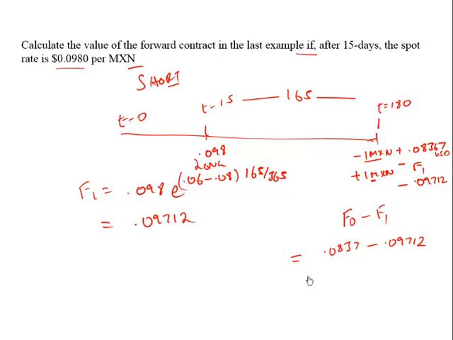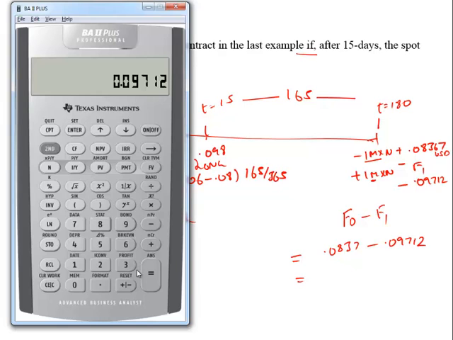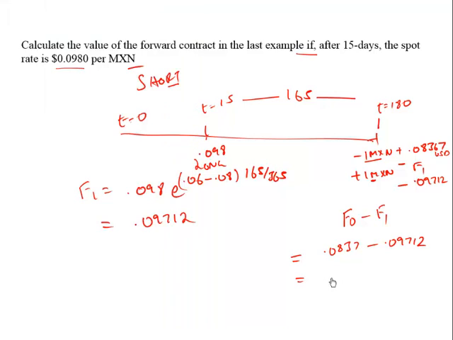That is, he has a loss of 0.0837 minus 0.09712. This is the loss in US dollars, which will come out to be minus 0.01342. This is the loss that will happen at t equal to 180.